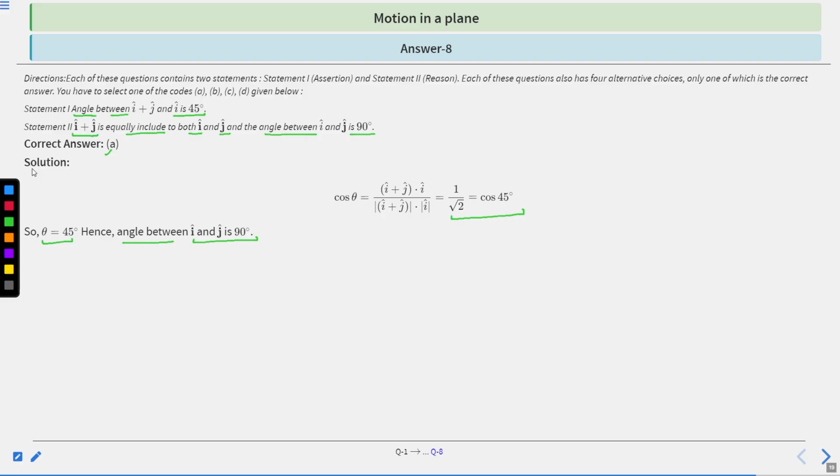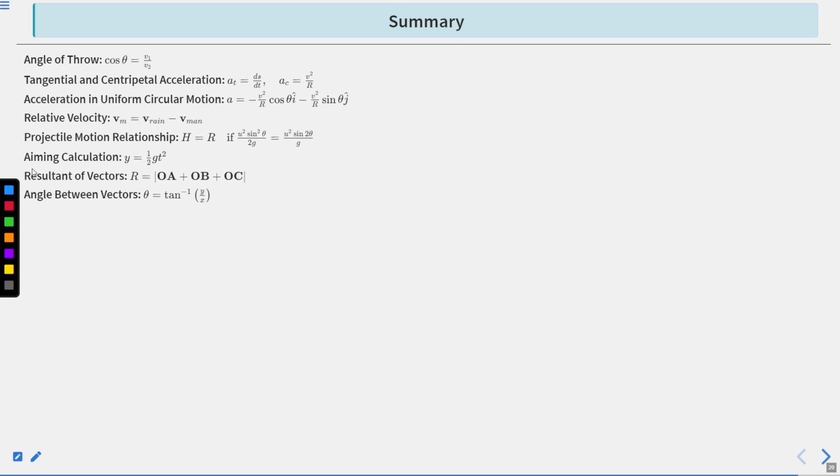Now, summary. These are the formulas we learned in today's lecture. First, angle of throw: cos theta equals V1 upon V2. Second, tangential and centripetal acceleration: AT equals ds upon dt and AC equals V square upon R. Acceleration in uniform circular motion: a equals minus V square by R cos theta i cap minus V square by R sin theta j cap.